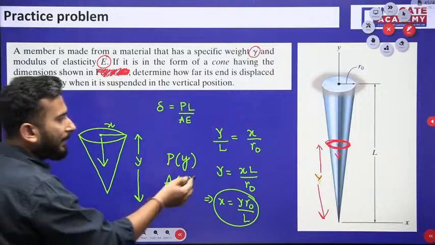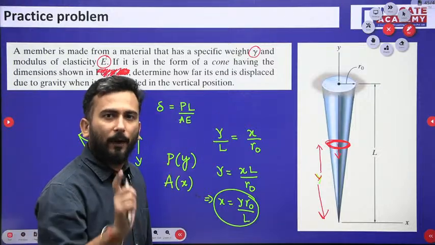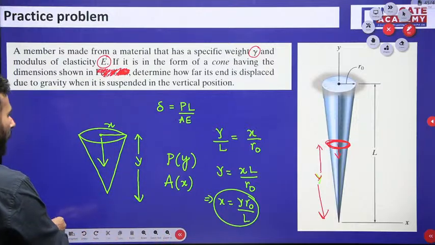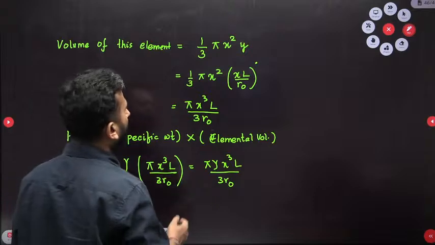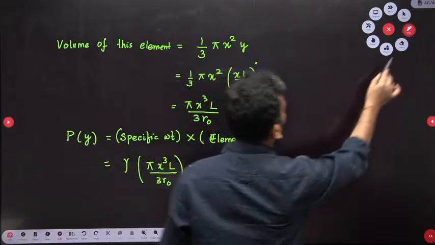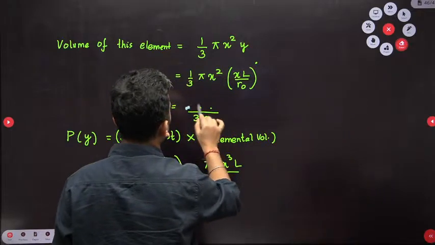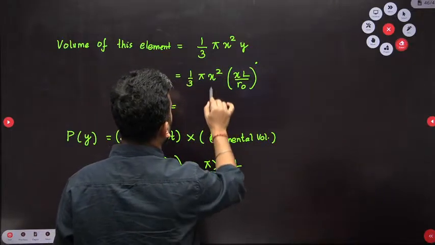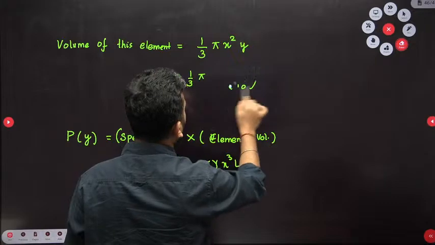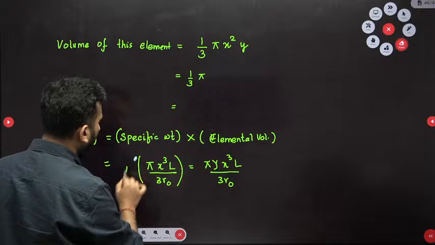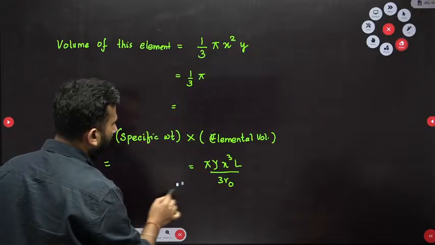That means every term should be in terms of y. So we will do a small change over here. We will keep everything in terms of y. That would be easier for us.